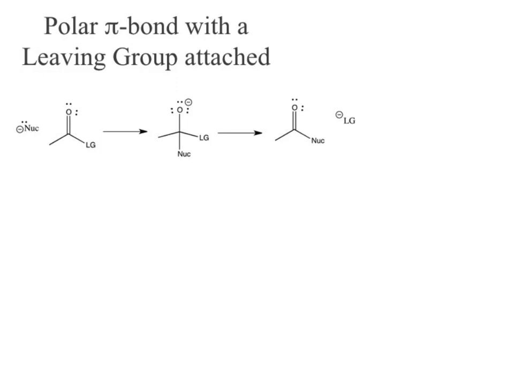So if we look at the breakdown, what happened in the first step? We did an addition reaction. What did we add? A nucleophile. So there's our nucleophilic addition. We form this structure. What is special about the carbon in comparison to the starting material and the product?